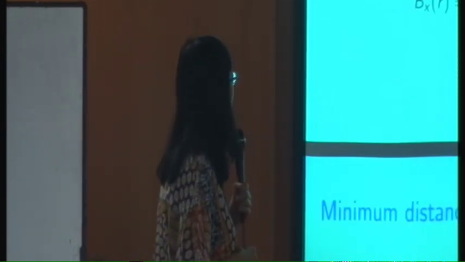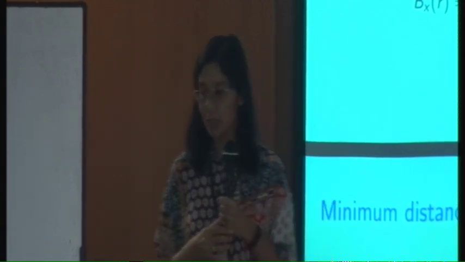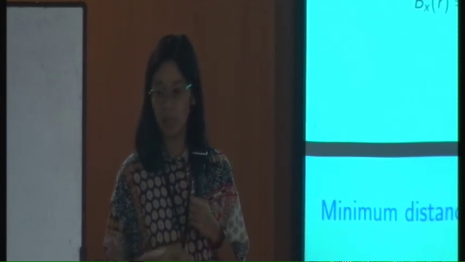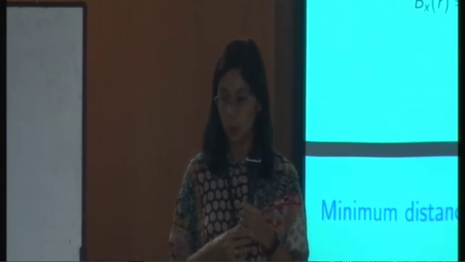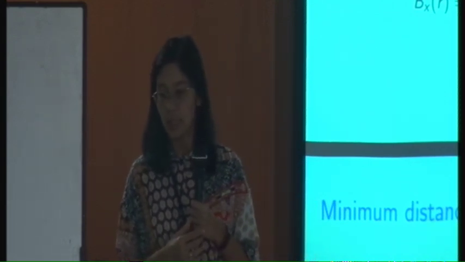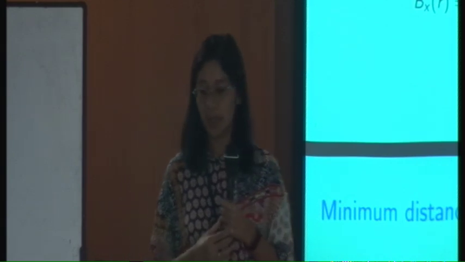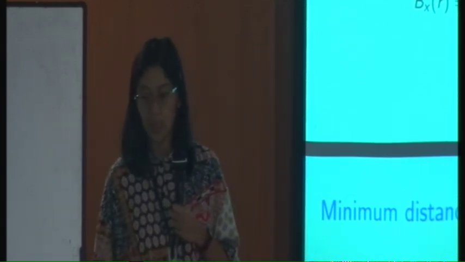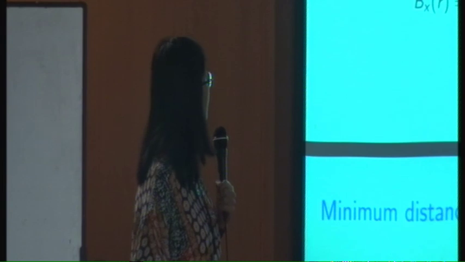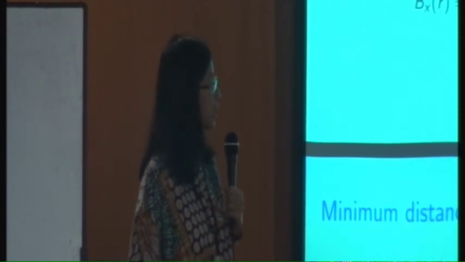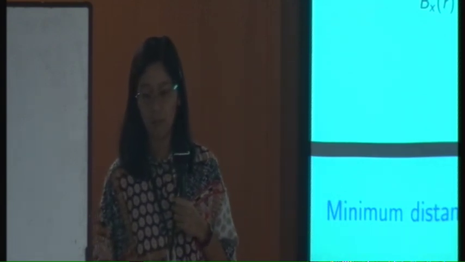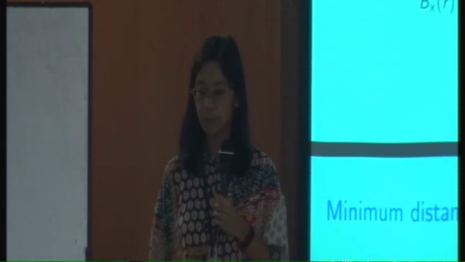We can define the Hamming weight of an element x in Fq^n as the number of entries where x is not 0. The Hamming distance between two vectors is defined as the weight of x minus y. This distance satisfies the triangle inequality: d(x,y) is smaller or equal to d(x,z) plus d(z,y).